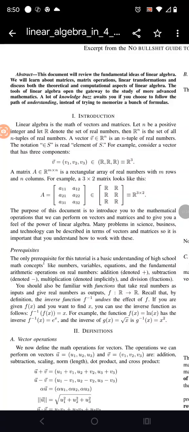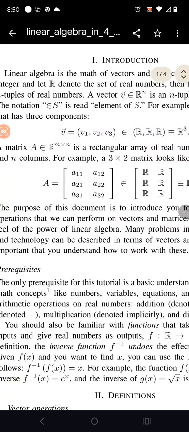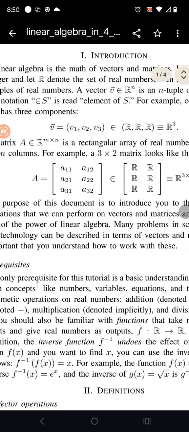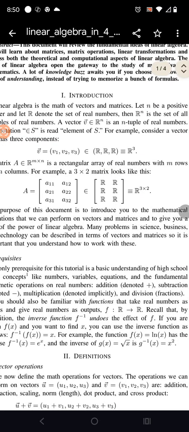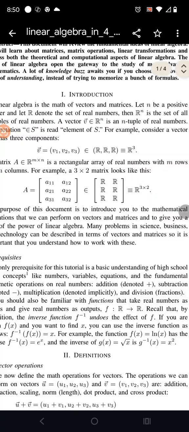For example, a 3x2 matrix looks like this. A equals a11, a12, a21, a22, a31, a32. All of them are members of R. So the matrix A itself is a member of R to the power 3 times 2.